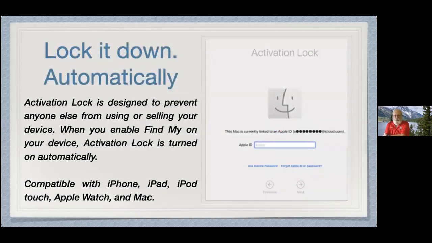And when you place it in lost mode, activation lock is automatically turned on, so that if you try to unlock the device to use it, the first thing it will say is, enter your Apple ID and the password you used when you first activated it. And if you don't do that, they won't be able to turn it on and just say, hey, I got a new phone, I'm going to register it to myself and start using it. This automatic activation lock pretty much prevents that from happening.